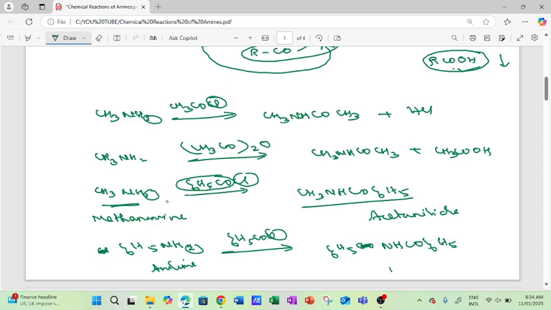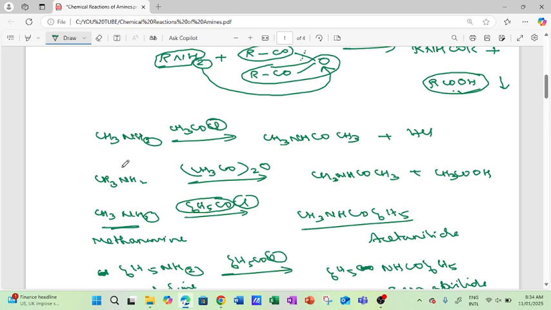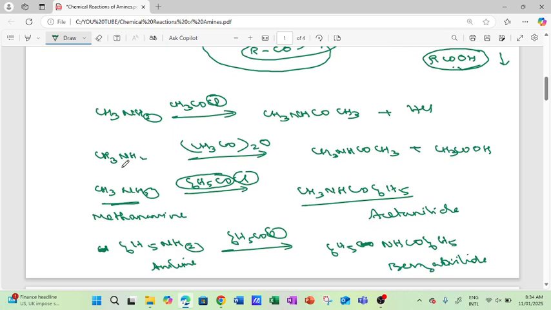This product is called benzanilide. Benzanilide is produced from aniline. So how do we convert methanamine to acetanilide and aniline to benzanilide? These two examples can come as conversions, and also this kind of question can be asked as the complete reaction type.